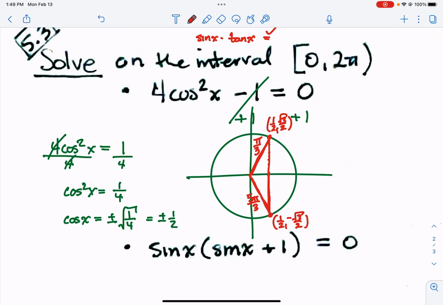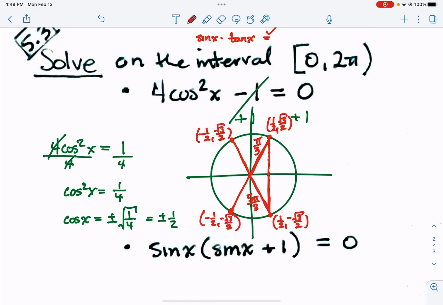Okay. What about negative 1/2? Where does that happen? Well, that's going to happen if we take these triangles and fold them over the y-axis. We get a point out here, and we get a point out here. This is where the 1/2 part is negative. We get negative 1/2, root 3 over 2, and over here we get negative 1/2, negative root 3 over 2.